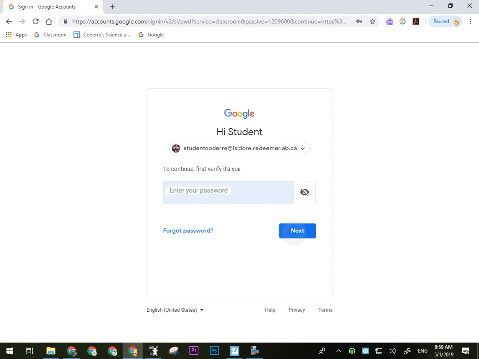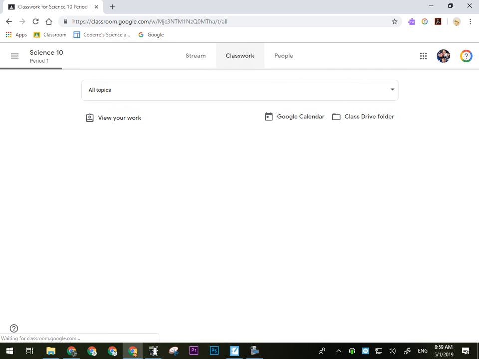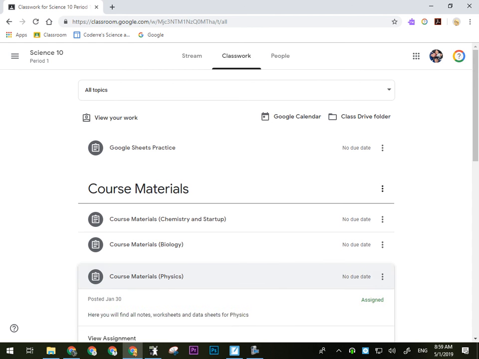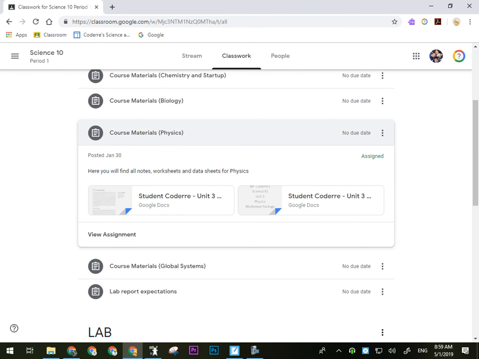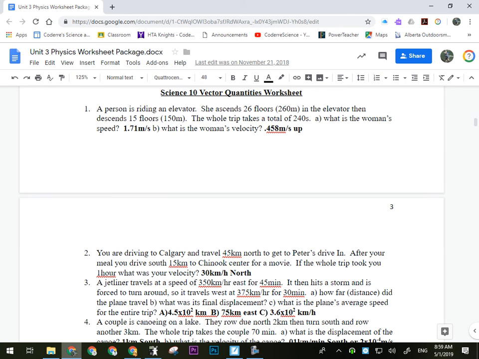So if you go to Classroom, and you've got Classwork. It'll be here in course materials for physics. Okay, and it's the one that says worksheet package. So if you open that up, it's the same file. Okay, so I'll give you guys a few minutes to work on 1 through 3. Then we'll have a look at those together.